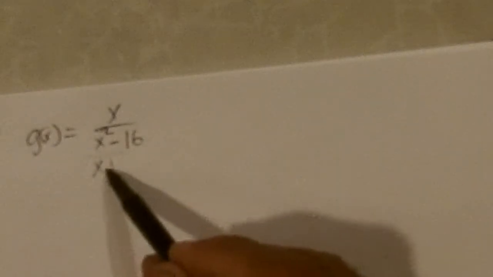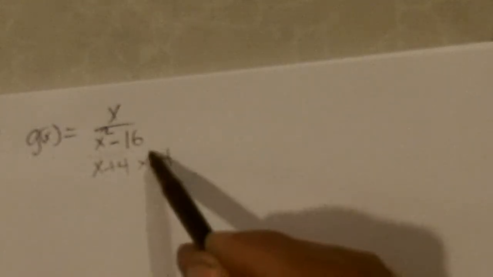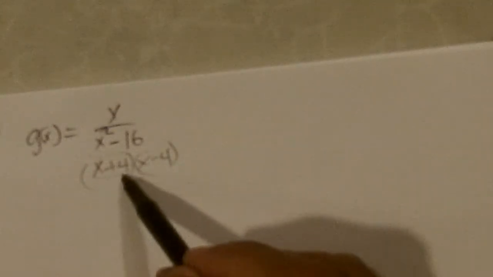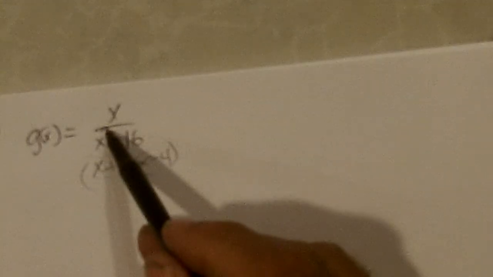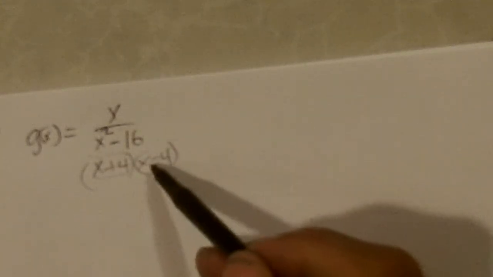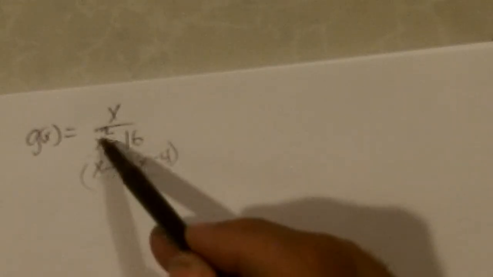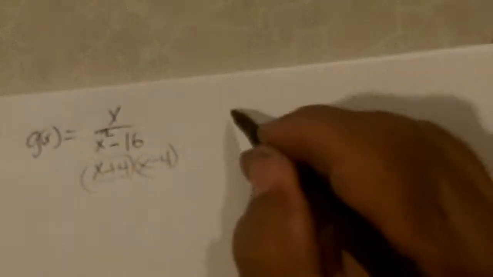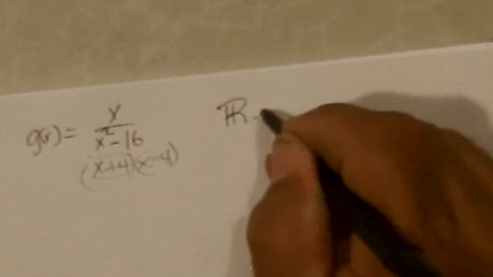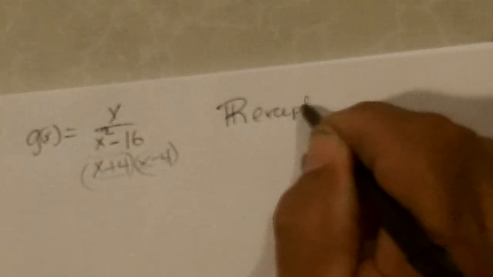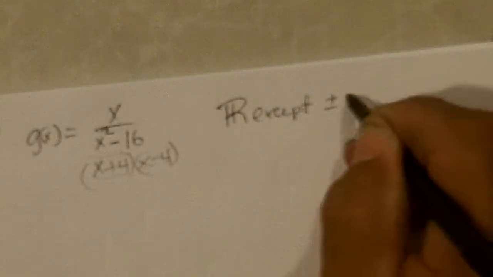This factors to x plus 4 and x minus 4. So a negative 4 would make this be 0. Negative 4 squared is 16 minus 16, 0. And a positive 4 makes this denominator 0. 4 squared is 16 minus 16. So the domain is all reals except plus or minus 4. That's 55.